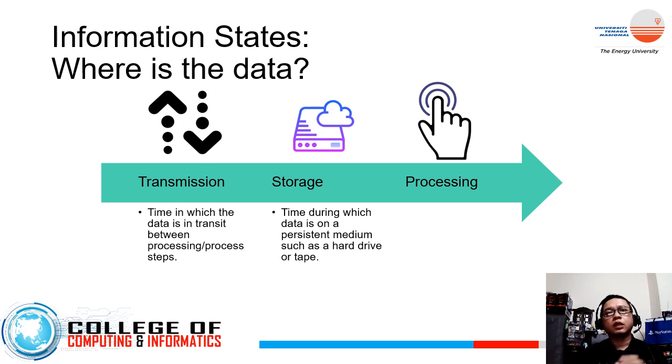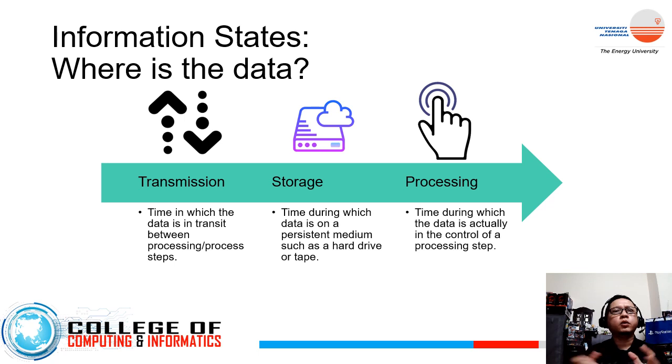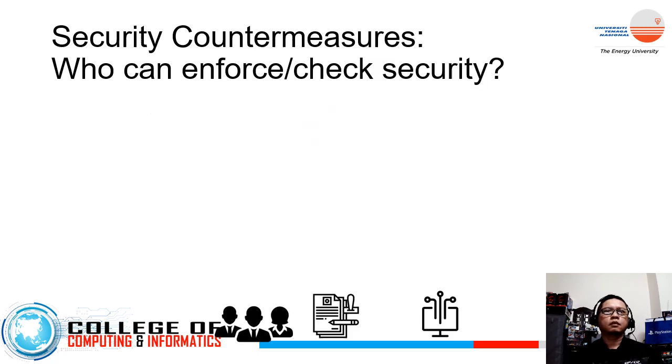Because this is important in having a proper assurance mechanism installed. If people don't understand how you transmit the data, perhaps there will be a loophole that can be used by an attacker, or there is a risk of the data being leaked, for example. So the transmission of data needs to be understood.